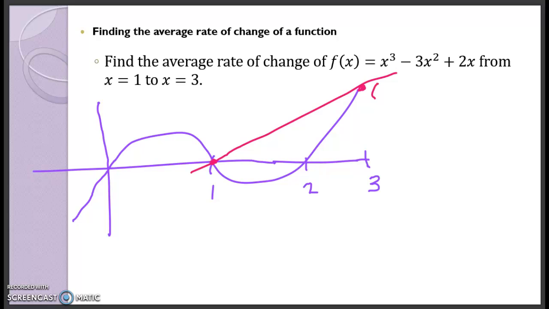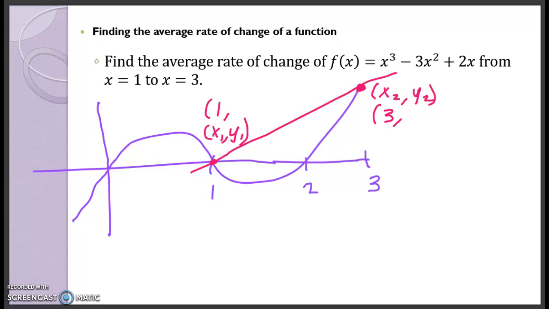Now, this is going to be the point x2, y2, and this is going to be the point x1, y1. But how do we find that y1? Well, I know that x1 is 1, because that's what I need to find. My x2 is 3.